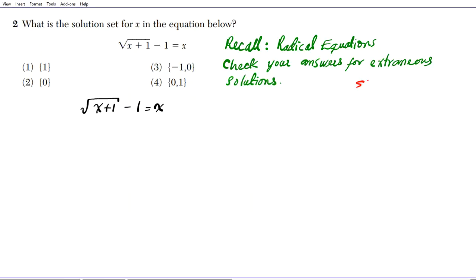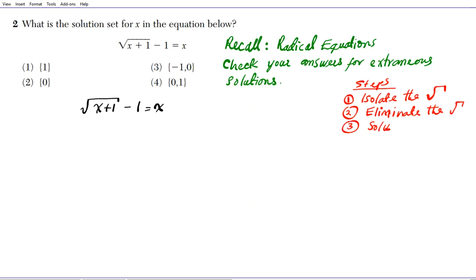So step 1 is to isolate the radical, and then step 2 is to eliminate. That's the objective of isolation, right? So you can eliminate the radical, and then finally you just solve the resulting equation.